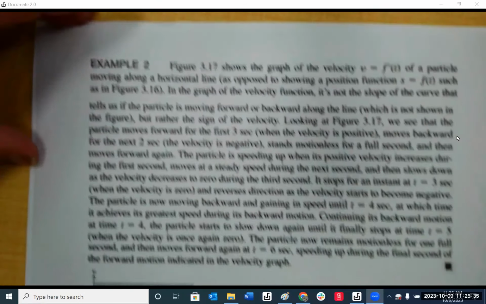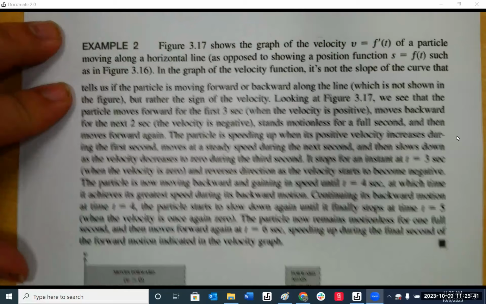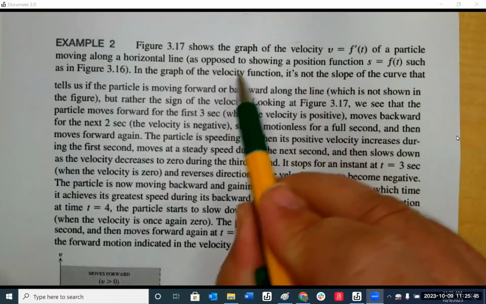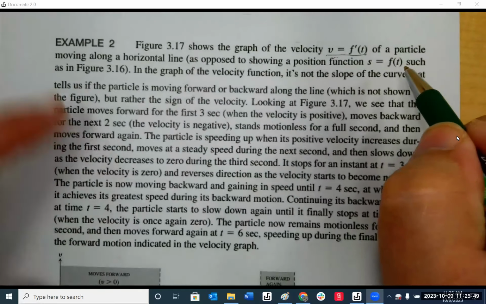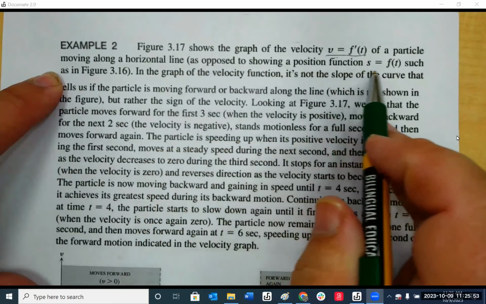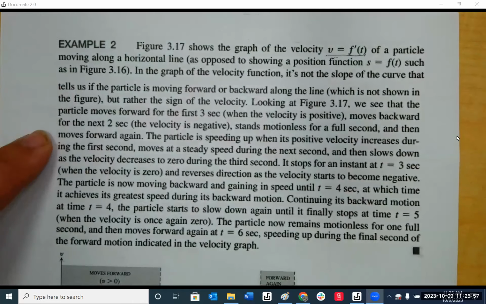So let's look at this example. This isn't really an example, it's more showing us what's going on. The graph below, I'm going to show you the graph in a second, shows the graph of velocity, which is f prime, of a particle moving in a horizontal line, as opposed to showing a position function as s of t. S is a function of t.